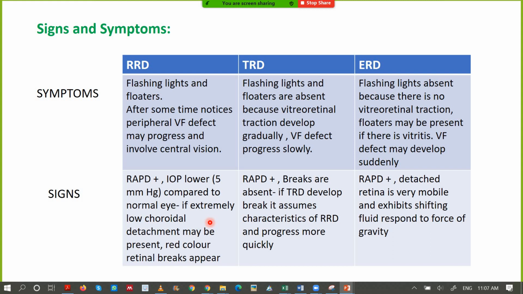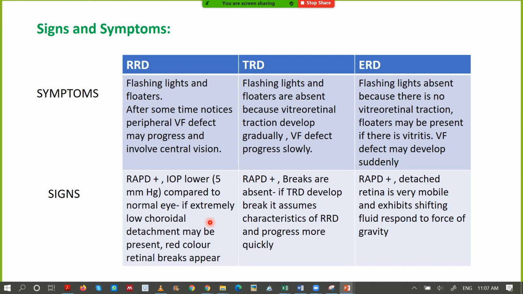Okay, so coming to the signs and symptoms, rhegmatogenous retinal detachment will have flashing lights and floaters. After some time, the patient would also have a complaint of peripheral visual defect, and this visual defect may progress and involve the retina in the center.